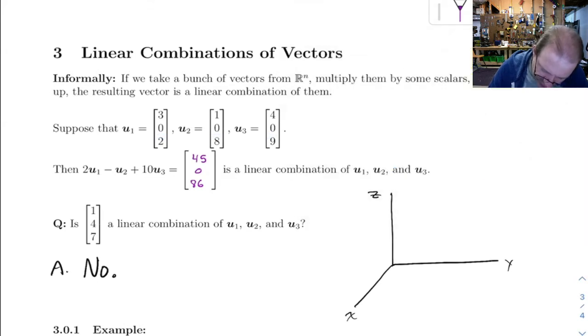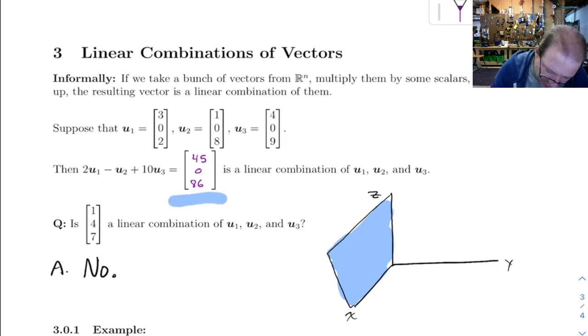So if we were to draw these, they'd all live in the XZ plane. So they'd all be over here. You'd have 302, 108, and 409. They'd all live in there.